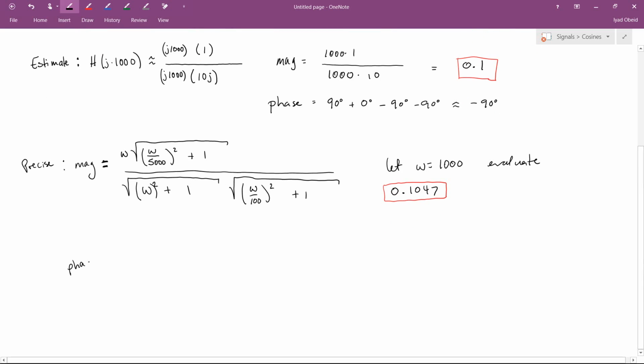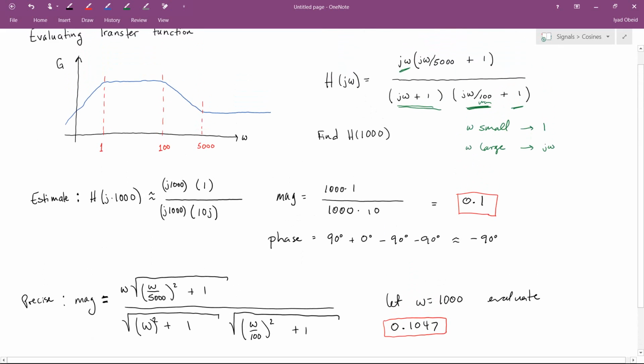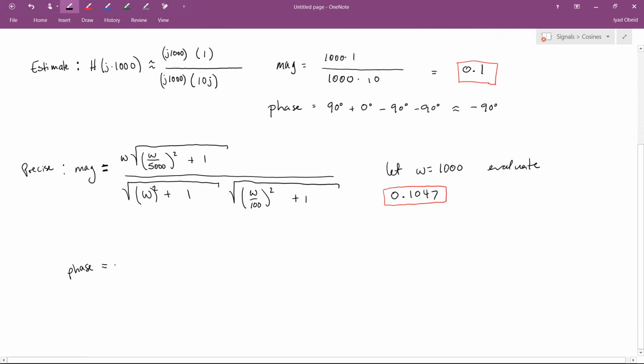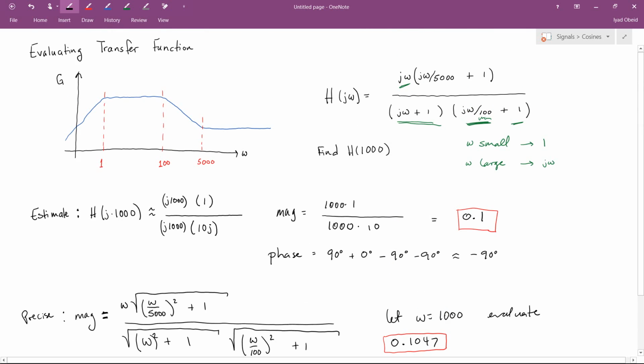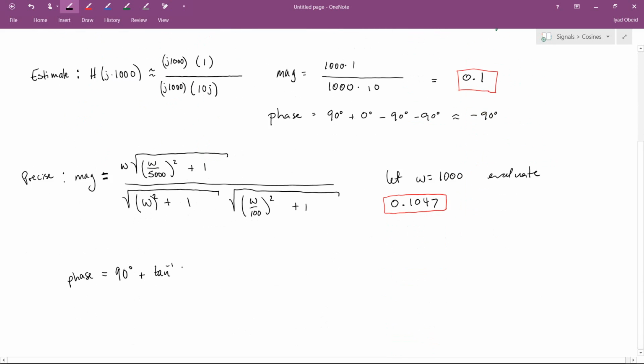Once again, I'm going to go term by term. I'm going to get phase of numerator minus phase of denominator. First I've got j omega, so that phase is 90 degrees, plus the inverse tangent of omega over 5000 for the j omega over 5000 term, minus the inverse tangent of omega, now I'm in the denominator, minus the inverse tangent of omega over 100.